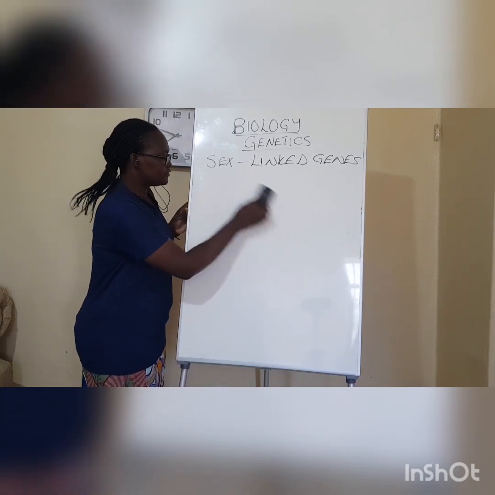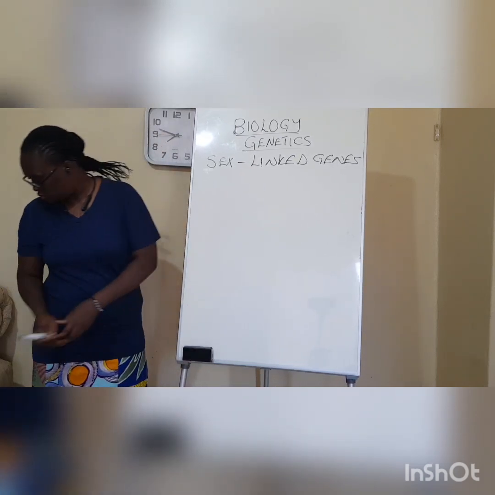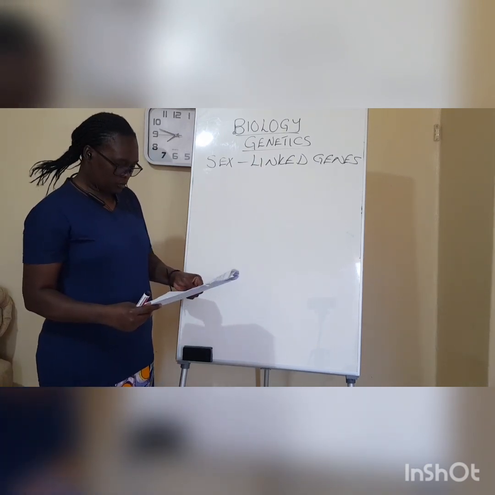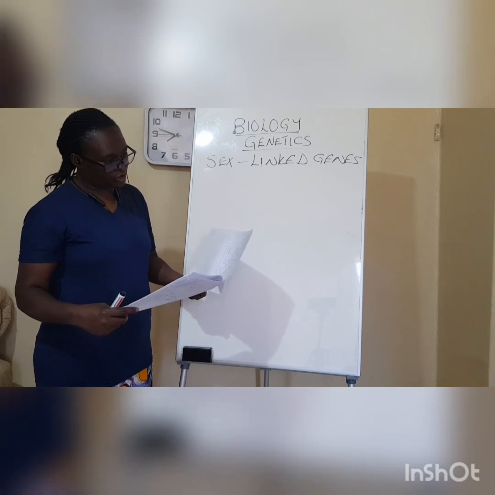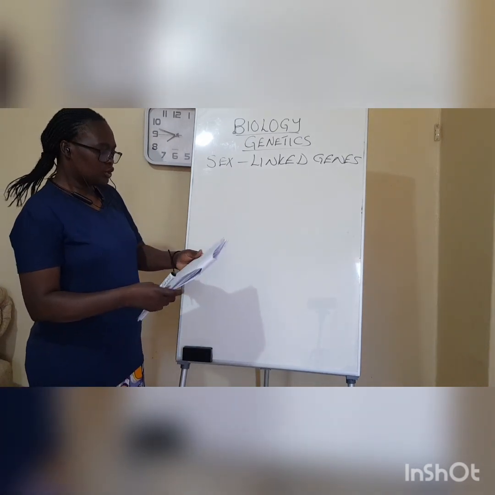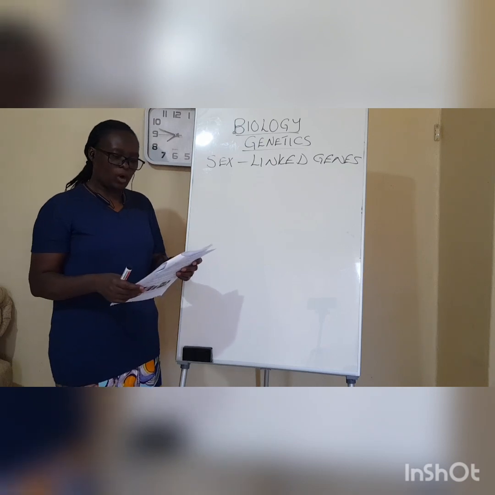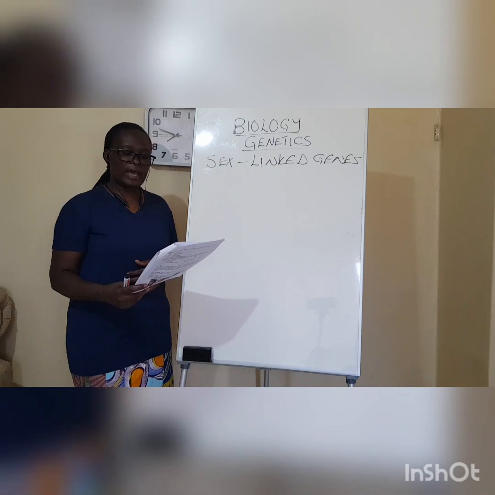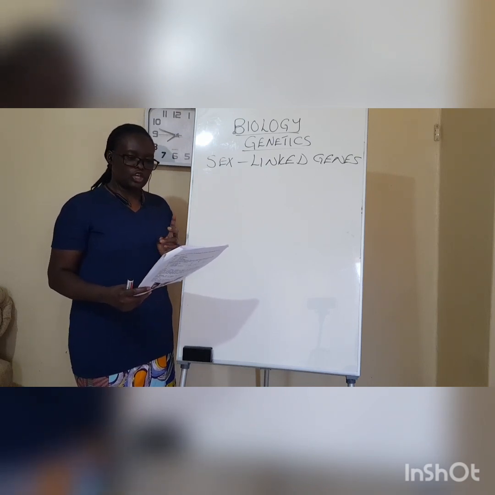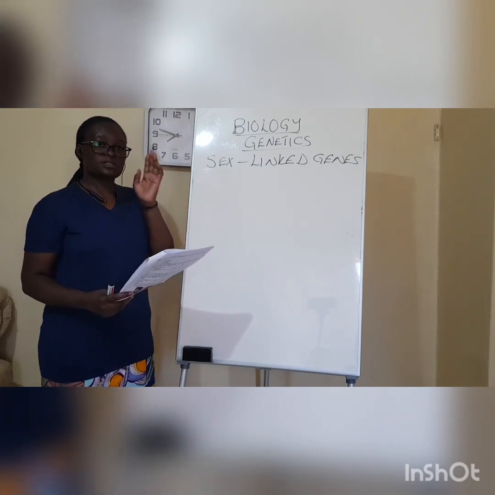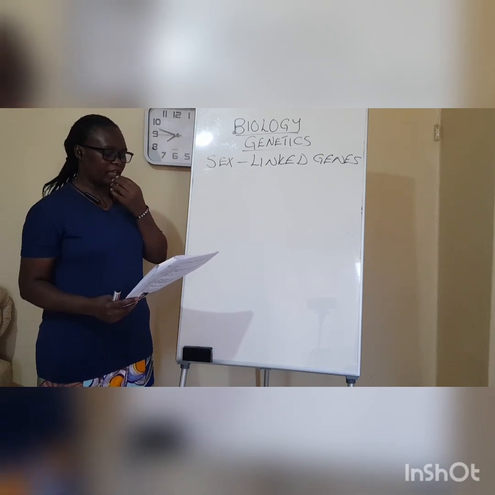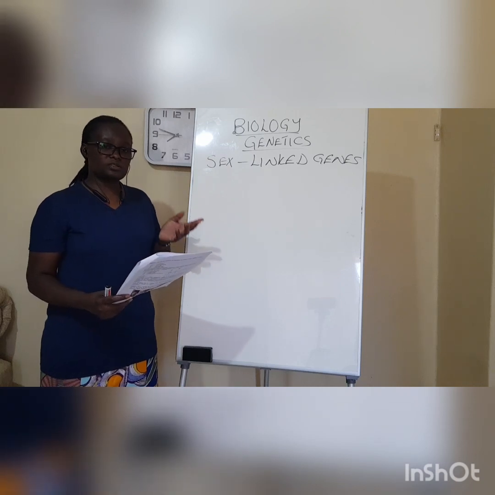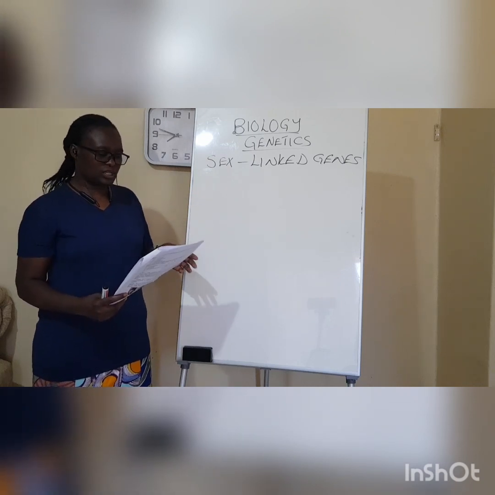Using a genetic diagram, explain how normal parents for hemophilia can have a son who is hemophilic. Use symbols such as X, capital H and X, small letter H to denote dominant and recessive alleles.